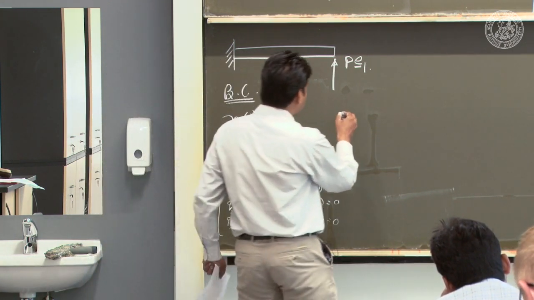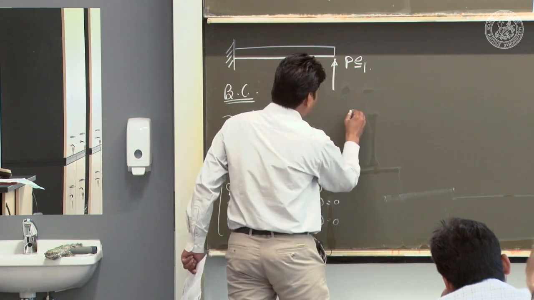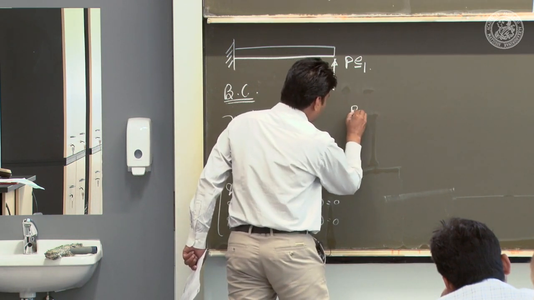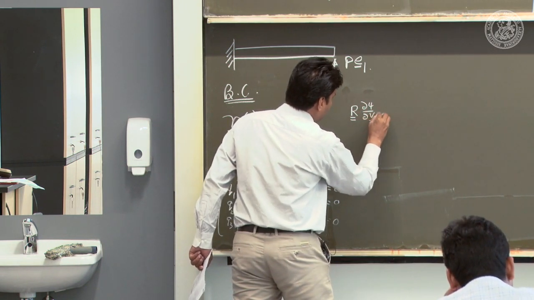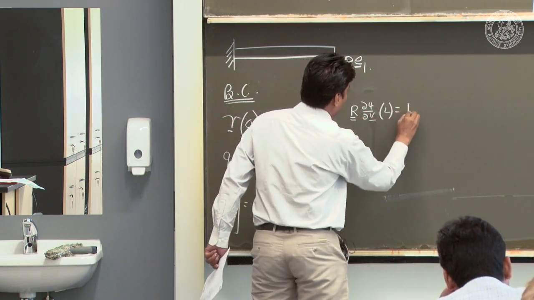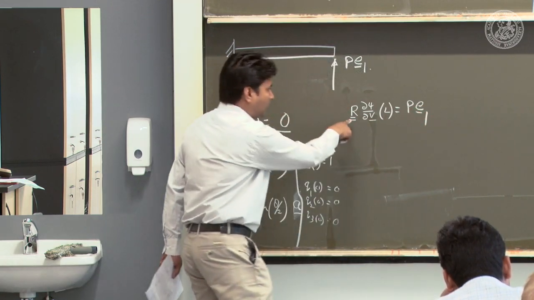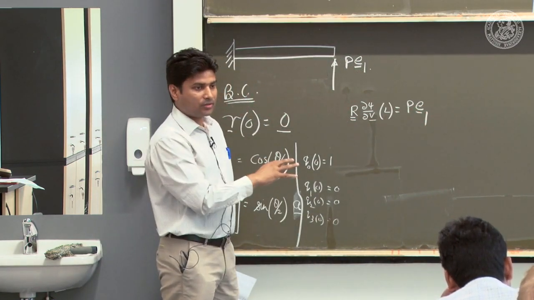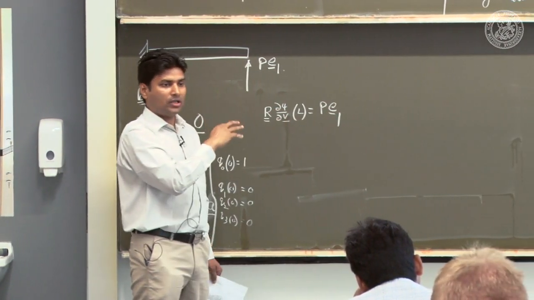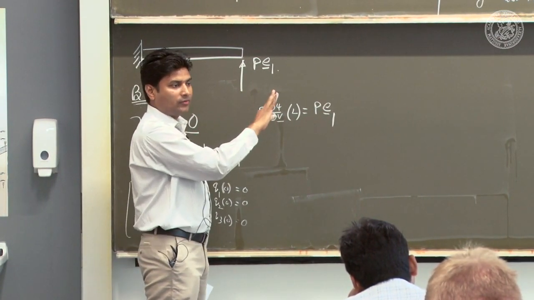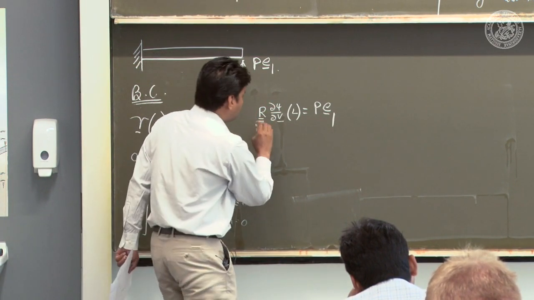Then you think of the right hand side for the load, and it is simply big R del psi over del V at L is equal to PE1. Big R you can write in terms of quaternions at L times del psi over del V is in terms of V and K at L. So, everything very well written here.